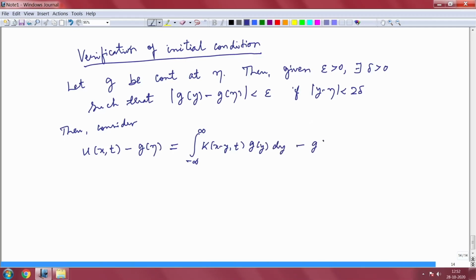This is for t positive. The integral from minus infinity to infinity of k(x - y, t) dy. This is an easy verification. This is simply 1.